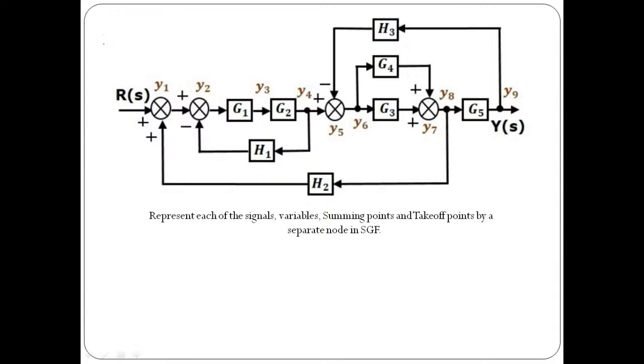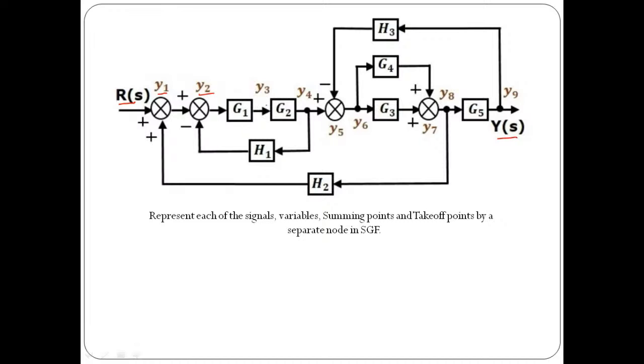So here I have mentioned some nomenclature. R of S is our reference input, and Y of S indicates the final control output. But apart from this, whatever the summing points and takeoff points we are having, I'm going to represent by a certain set of variables. Like here, the first summing point is indicated by y1, the second summing point is indicated by y2.